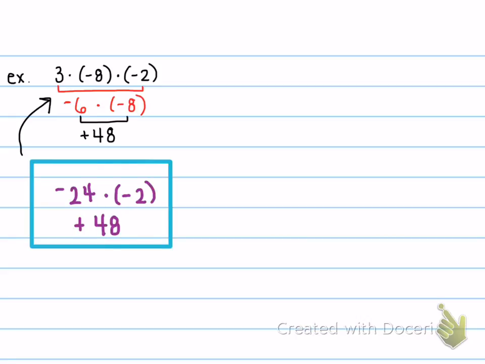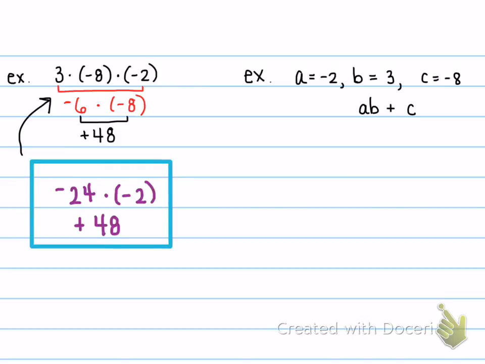Let's do an evaluate problem exactly the same way. If I tell you that A equals negative 2, B equals 3, and C equals negative 8. Okay, the problem I want you to solve is AB plus C. Okay, this is a little different than what we've seen.